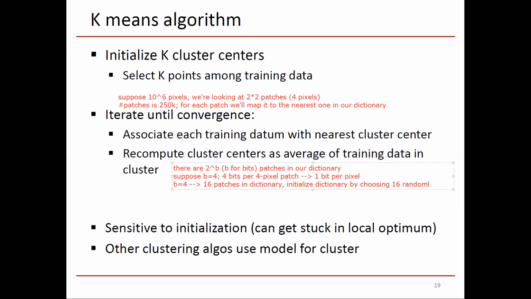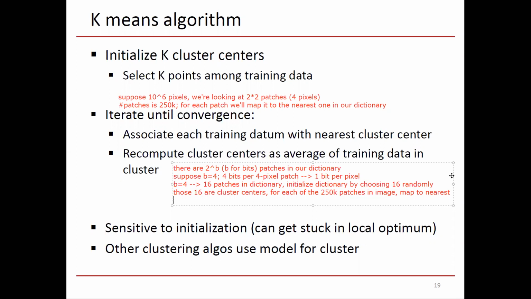So we have, to reiterate, 250,000 patches in the actual image. We're selecting 16 of them randomly. But then, having chosen 16 randomly, those are cluster centers. Those 16 are cluster centers for each of the 250K patches in the image mapped to the nearest one.